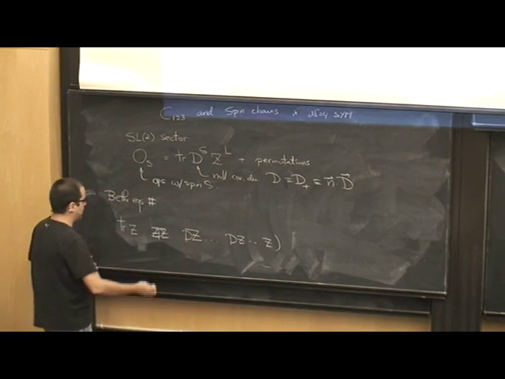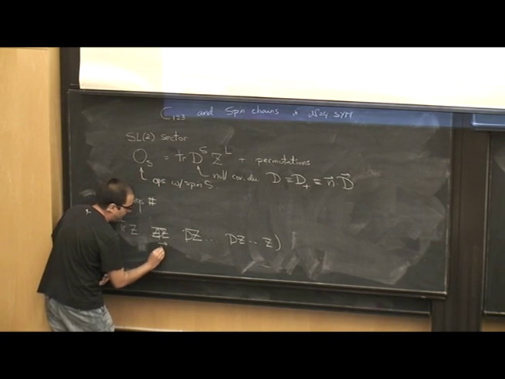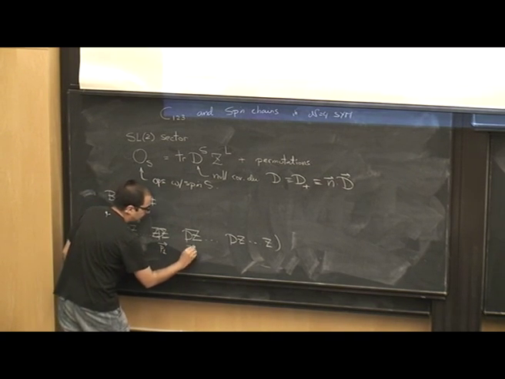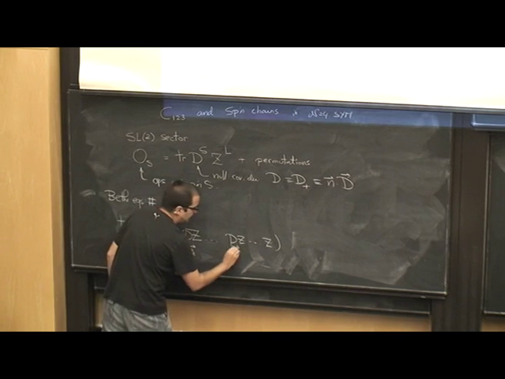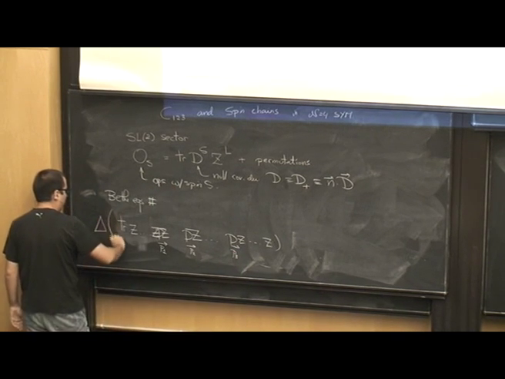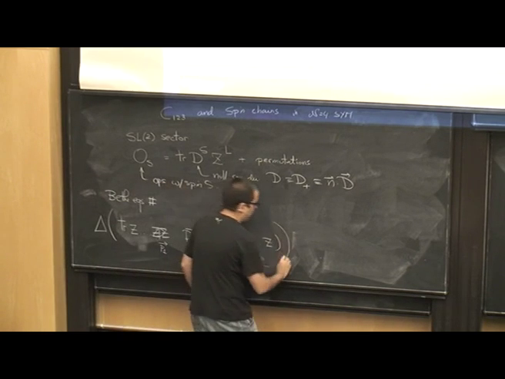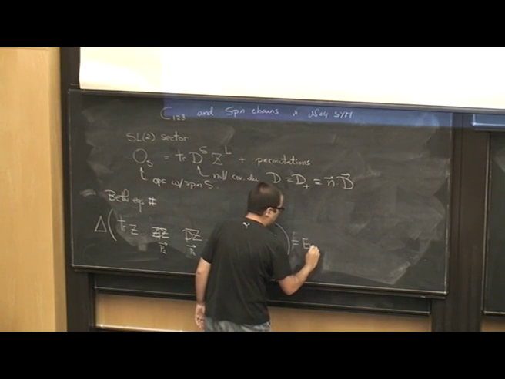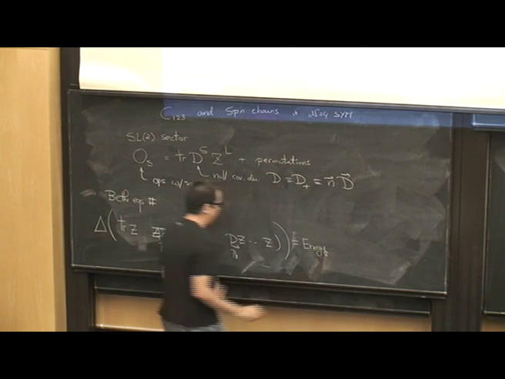Or you can think in momentum space. You can give each of them some momentum p1, and this guy some momentum p2, and this guy some momentum p3. And the dimension of this kind of operators is basically the energy created by this operator.